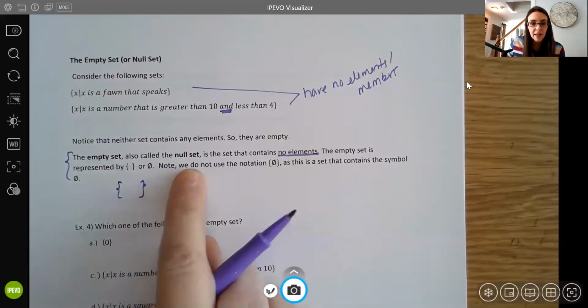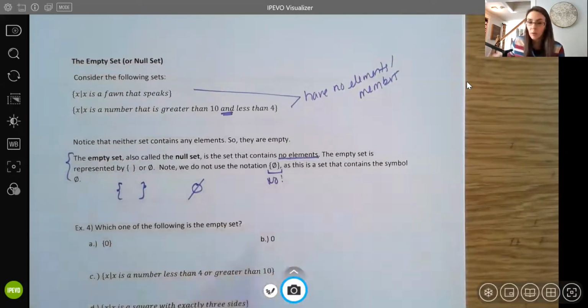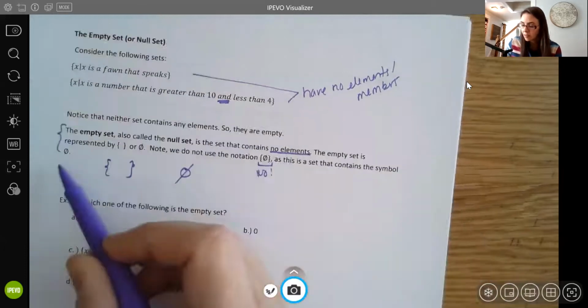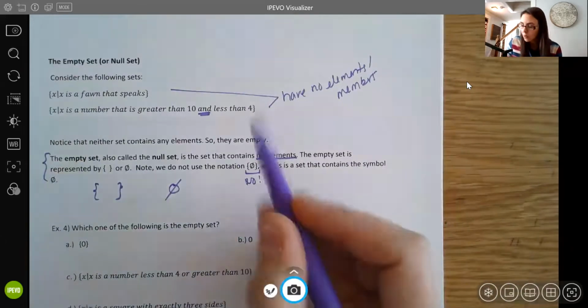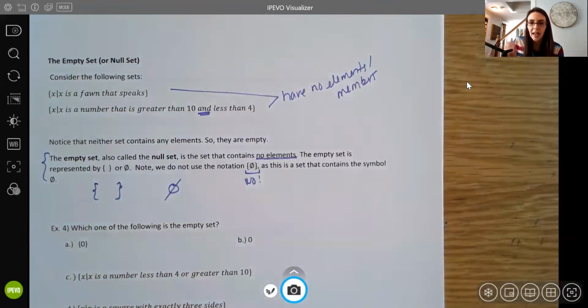Now, to clarify, this is not an acceptable notation here for the empty set. Because what you're saying here is this is actually the set that contains the symbol for the empty set. So this set actually has something in it. It has the symbol for the empty set. I know that's a really weird idea to grasp in concept.